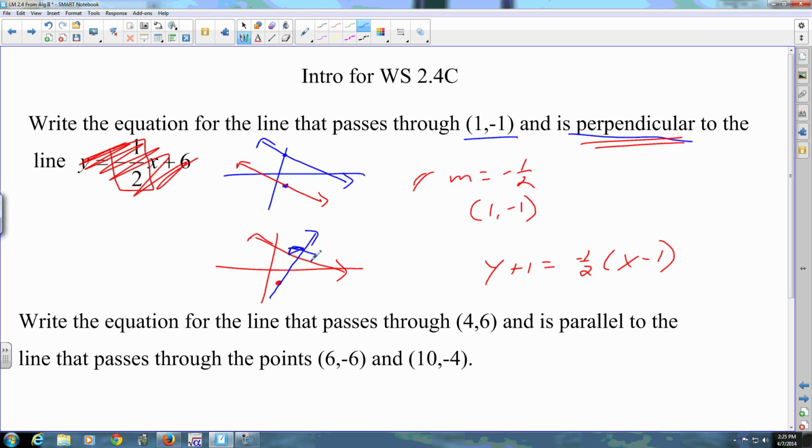It's perpendicular to the original line. If it's perpendicular, the perpendicular slope is the opposite sign and the reciprocal. You're still going through this point. So your answer would be y plus 1 is equal to 2x minus 1. That would be the equation for the perpendicular line. Sorry guys that I missed that.